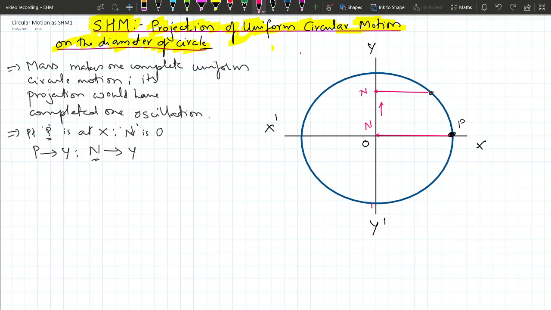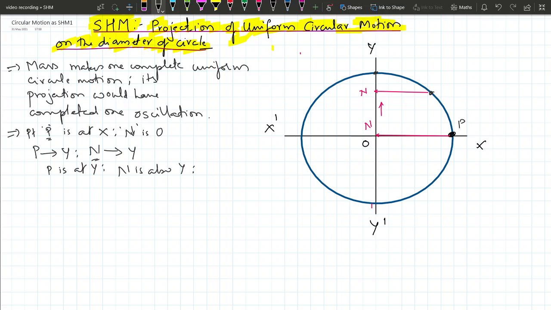P was at X, N was at O. P is moving in a circular manner, therefore the projection N will move towards Y. When P is at Y, the projection is also at Y, and they coincide. So in the first quadrant, as the point P moves, the projection N moves in the upward direction.